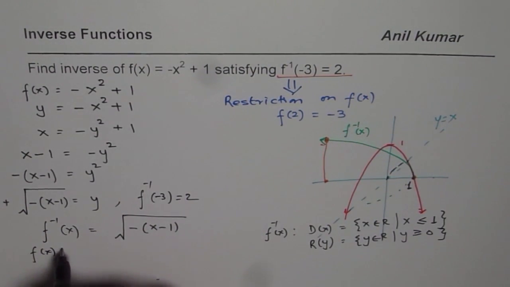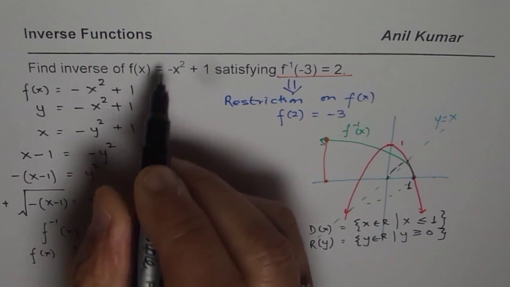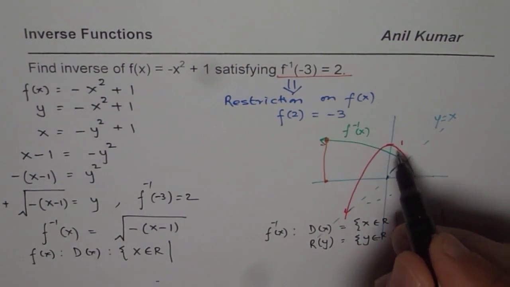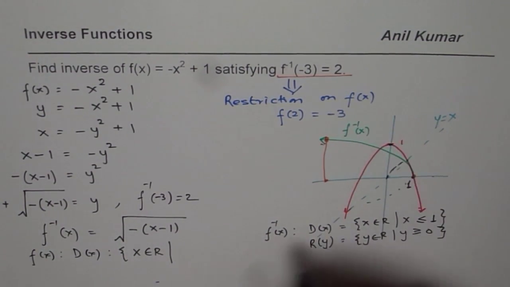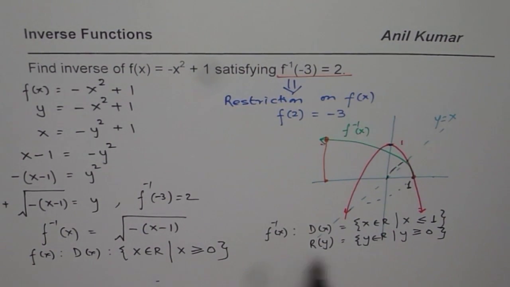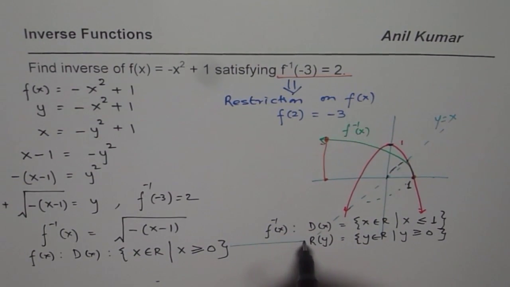For f of x, the domain was, which we considered, we restricted that domain, correct? So x belongs to real numbers, and we only considered the right half of the function. We considered x greater than or equal to 0, right? And that is the reason why this domain got changed to that range. Do you see that?